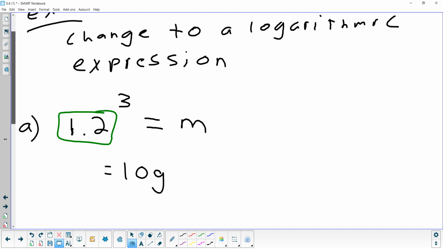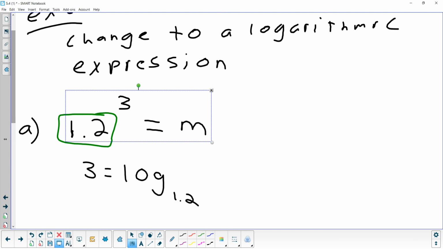What's my exponent in this one? 3. Now I need the base on my log. What was the base on my exponential? 1.2. So 1.2 is going to be the base on my log. And now what do we call the thing that was all by itself? That's the argument, and that's what gets plugged into the log. So you're taking the log of m with a base of 1.2.